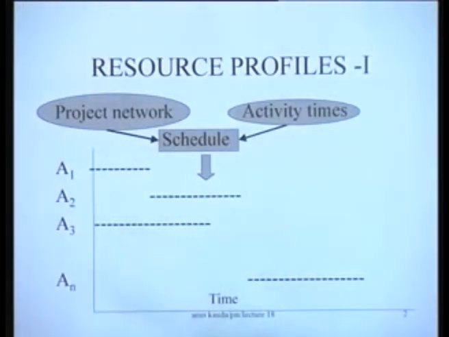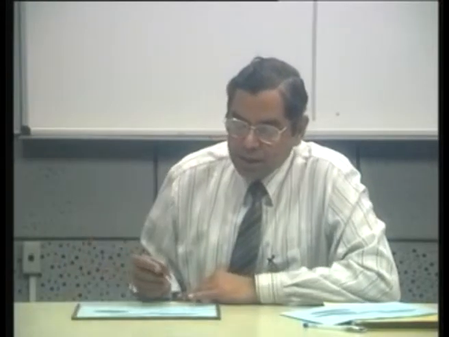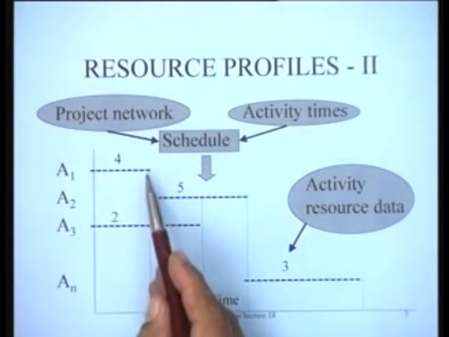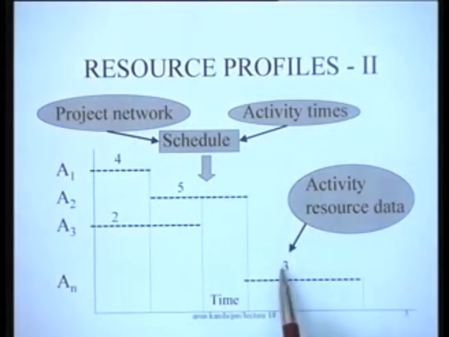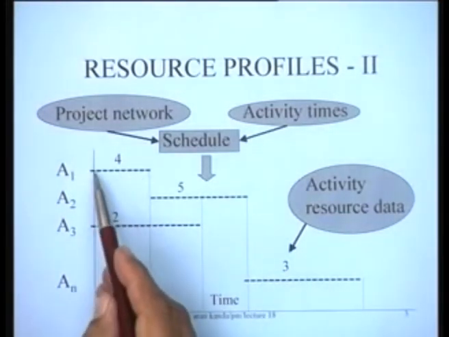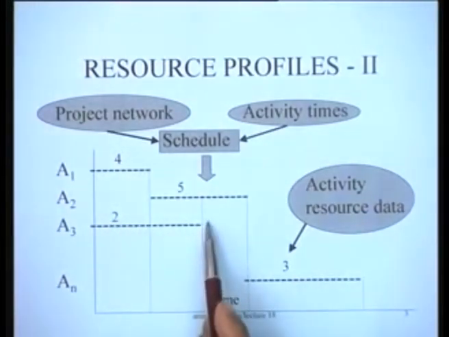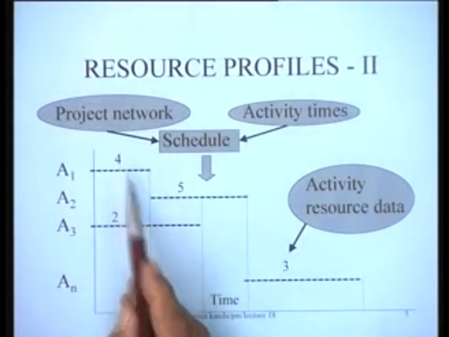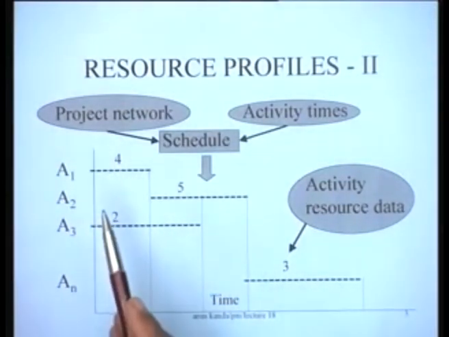So what we can do is, for instance, from the basic schedule of activities, superimpose on this the activity resource data. So these figures shown adjacent to each activity are not their durations. The durations of course are the length of these individual lines themselves, but these are, let us say, the manpower needed for accomplishing each of these activities.